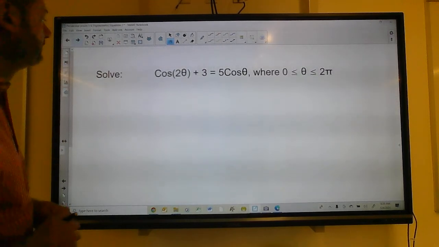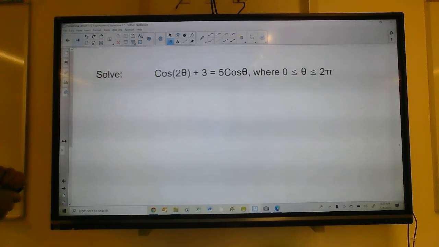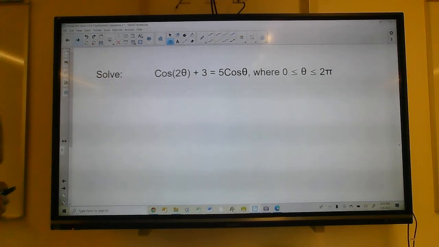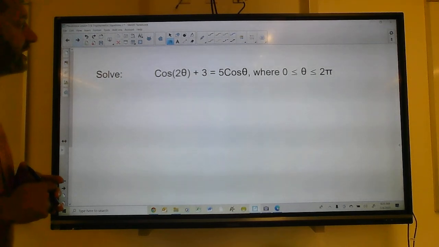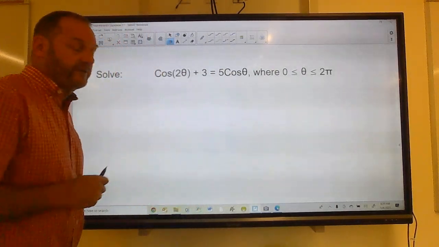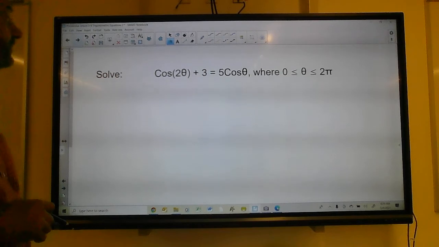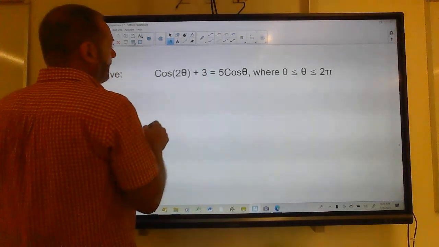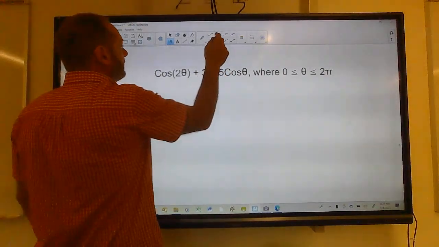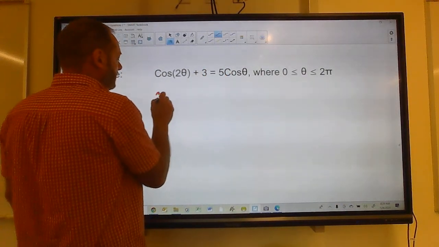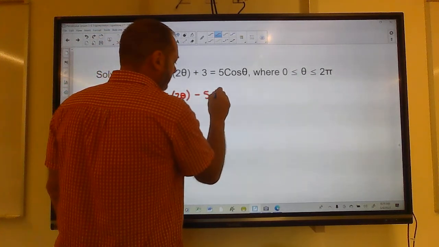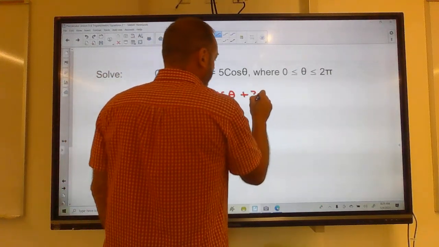Moving along. Okay, cosine of 2 theta plus 3 equals 5 cosine theta. All right, so it's all in cosines, but the value inside the cosine is not the same, and I really need it to be. So I start thinking, okay, what can I... Well, the first thing I could do is I could move all the cosines onto one side. So let's try that. So this would be cosine 2 theta minus 5 cosine theta plus 3 is 0.